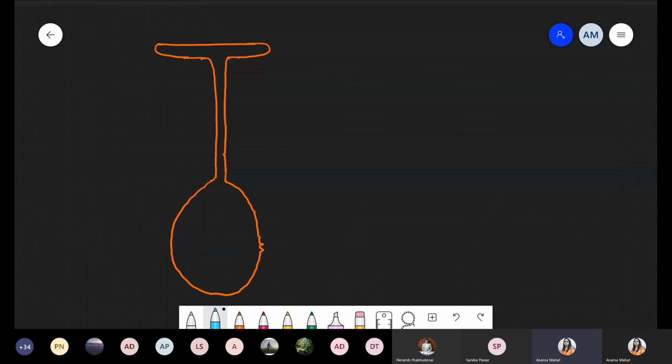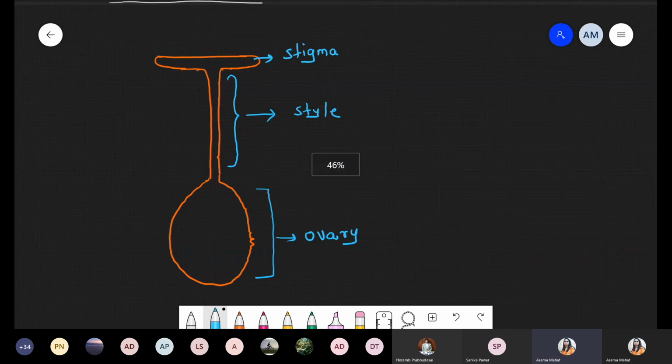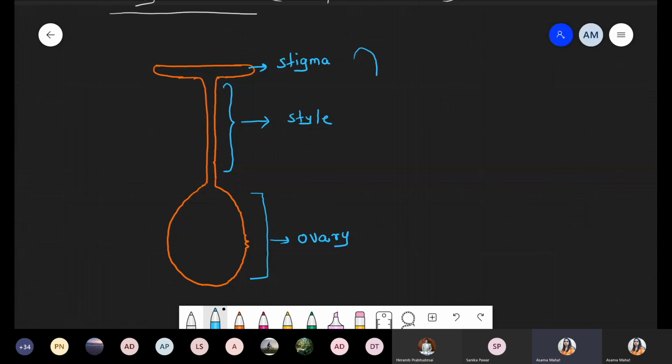One by one, we have to give the names. This is the stigma. This middle part is called the style. And that complete bottom part is called the ovary. Collectively, stigma, style, and ovary represent the typical structure of the gynoecium or carpel.